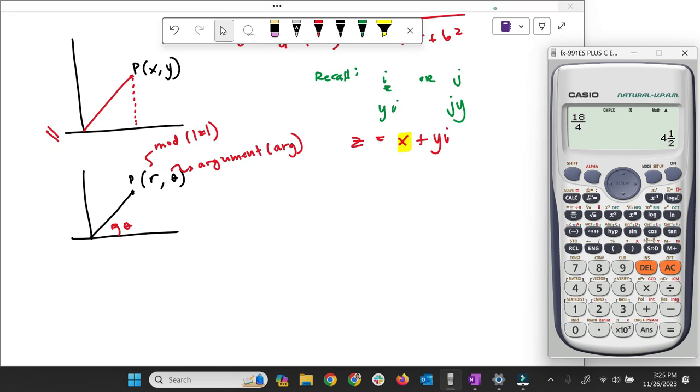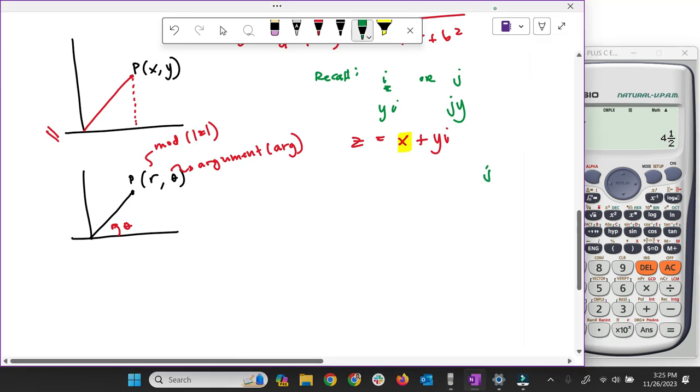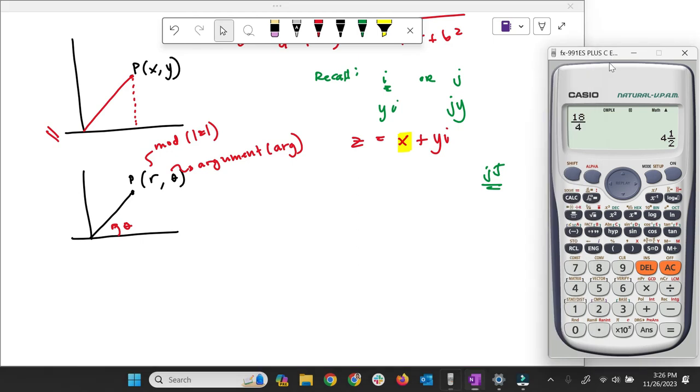So, for example, j5 nilagay ko, and pinapakuha ko sa inyo si mod or si argument. Hindi mo po masasolve yan kung j ang gagamitin mo kasi nga walang j sa calculator mo. You use i. Pero for example, ganyan nilagay mo, baka ang gawin mo, i5. Sabi ko nga, kapag i yung notation mo to represent the imaginary number, si i is placed at the end of y.